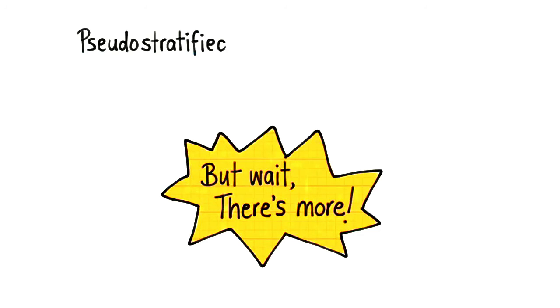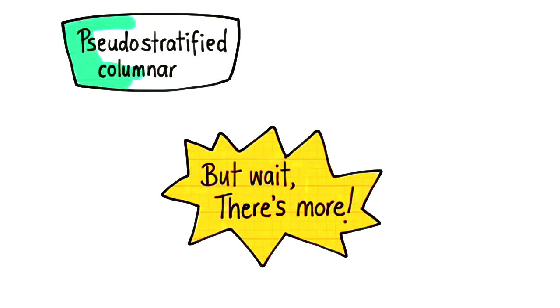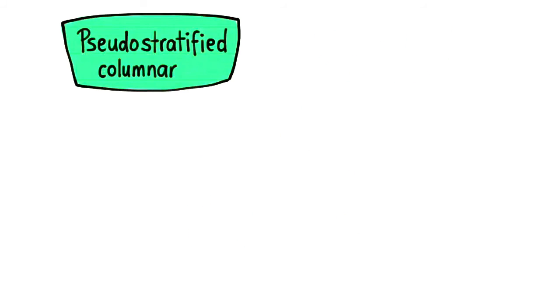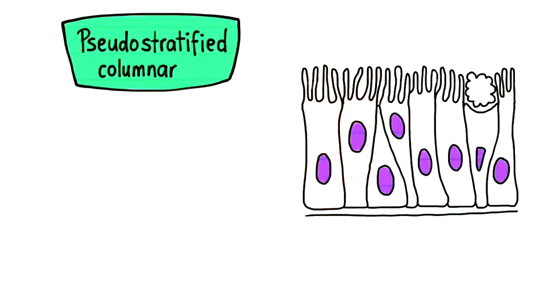Our bodies have two other very special types of epithelium, which I haven't yet mentioned. These are pseudo-stratified columnar epithelium and transitional epithelium. This is what pseudo-stratified columnar epithelium looks like.